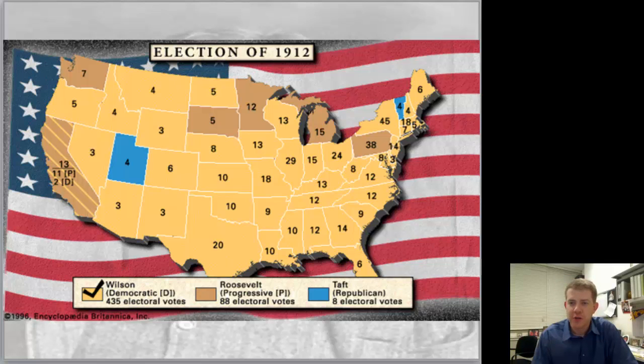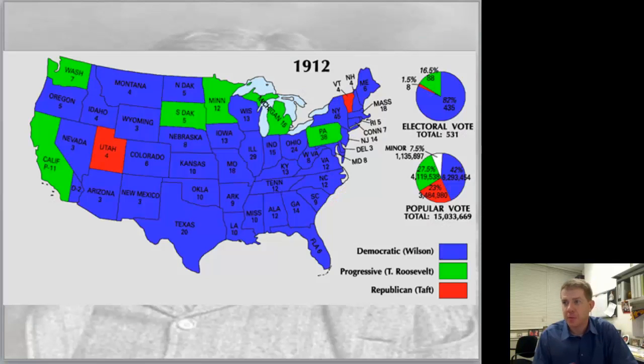When you look a little closer at the popular vote, though, you can see that it is pretty close between the two Republican candidates, Taft and Roosevelt, and then you have other minor candidates picking up some, and then you have Wilson, who gets his fair share.